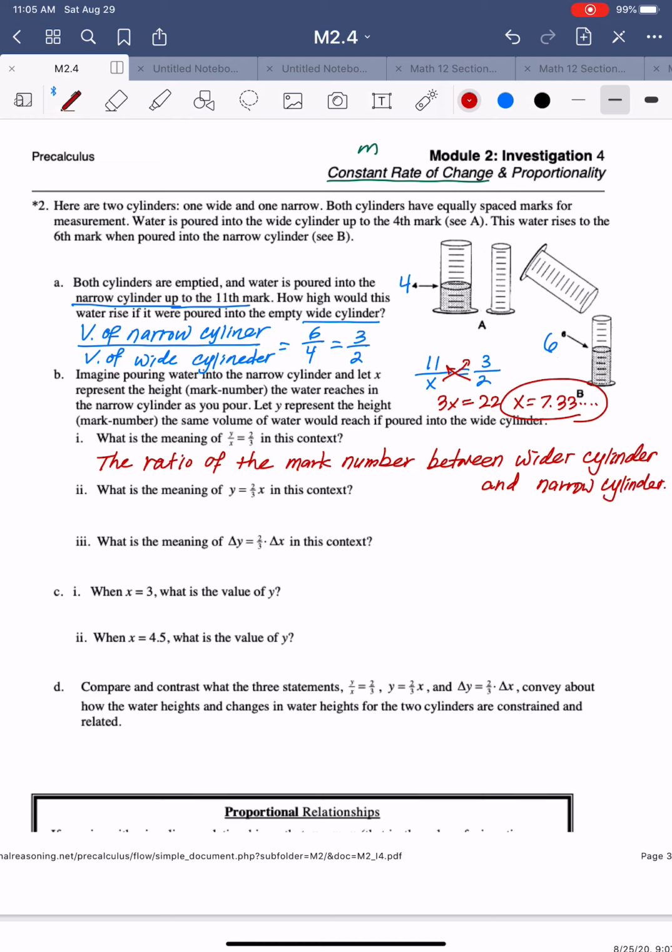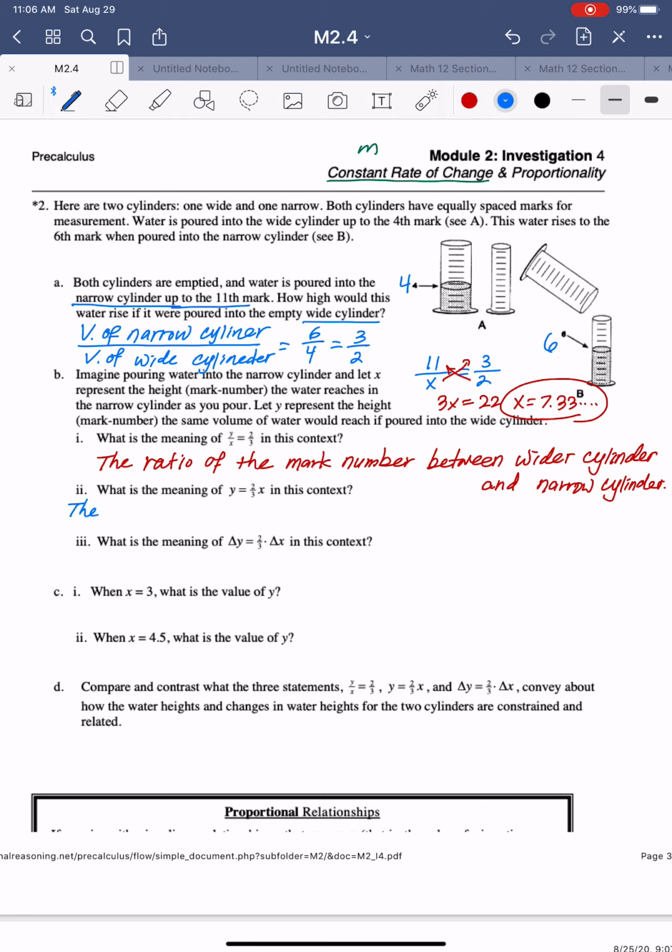And what does y equals 2/3 x mean in the context? This time 2/3 has been multiplied to the x. So y is the mark number in the wider cylinder and x is the mark number in the narrow cylinder. Let me write it down with the blue.